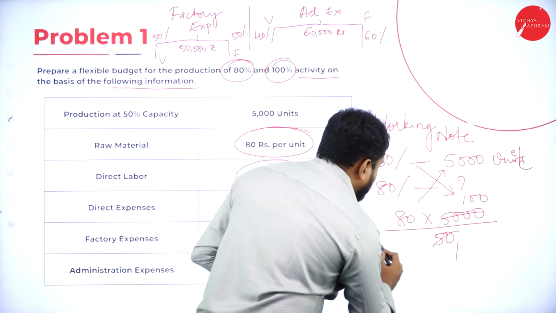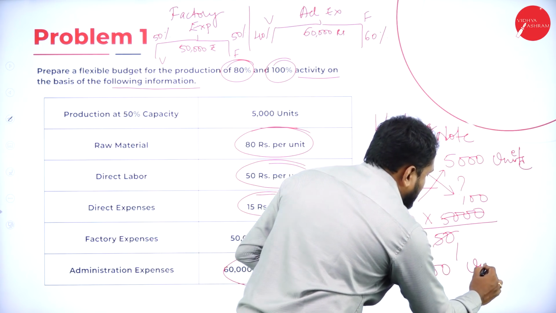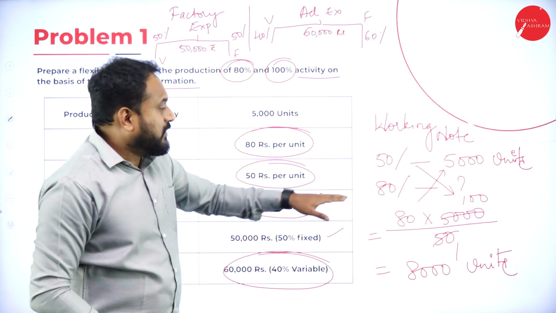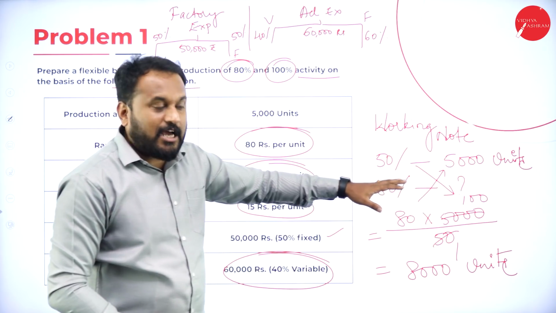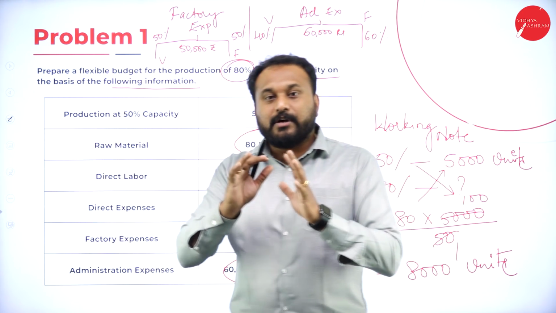So 80 into 100 is how much? That is 8,000 units. This is our first working note. So at 80% capacity, how much is the unit produced? 8,000 units. Did you understand this?